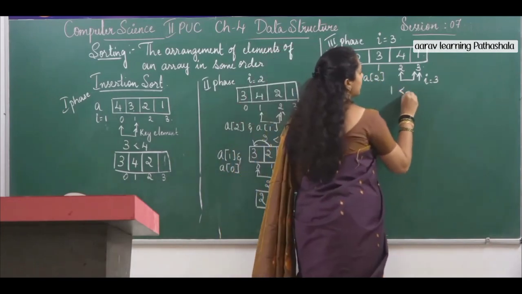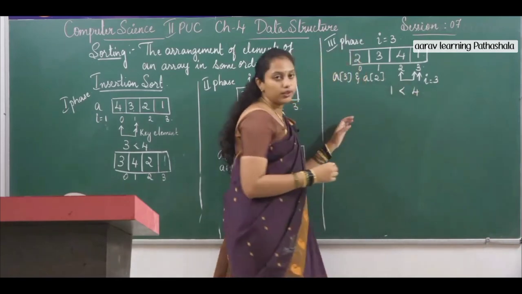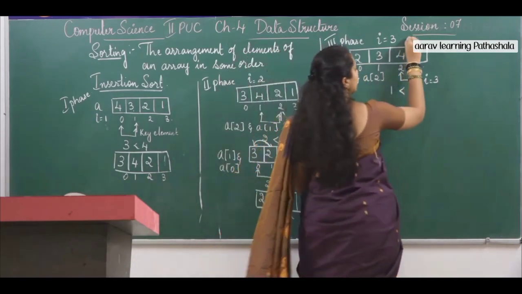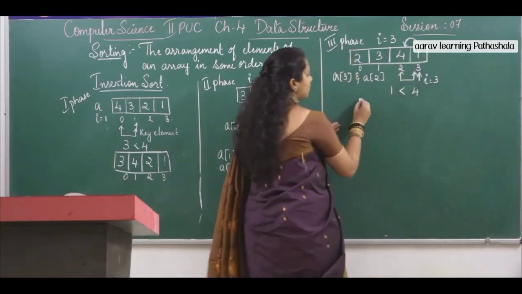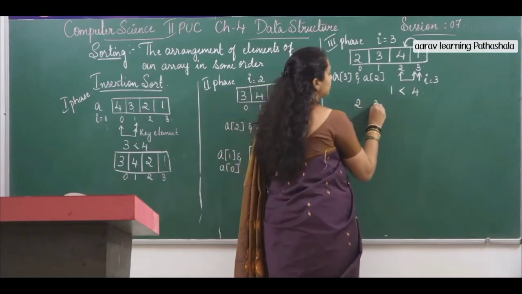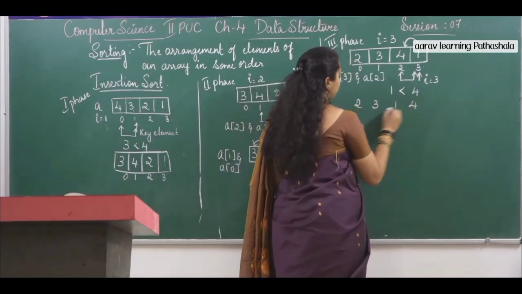As 1 is less than 4, we are going to swap these array elements. So what is the output? That is 2, 3, 1, 4.